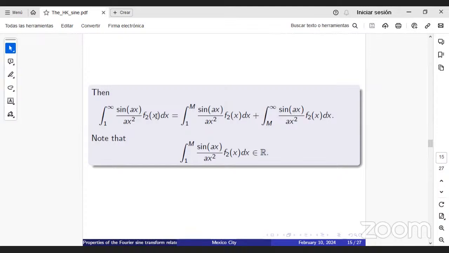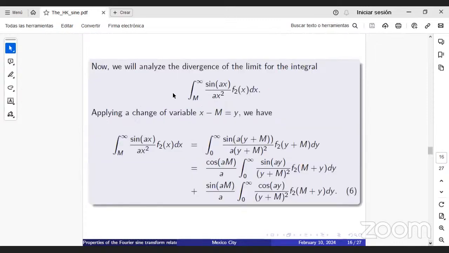with that its integral exists, but now we analyze the divergence of the limit for the integral, applying the change of variable. We have the result.